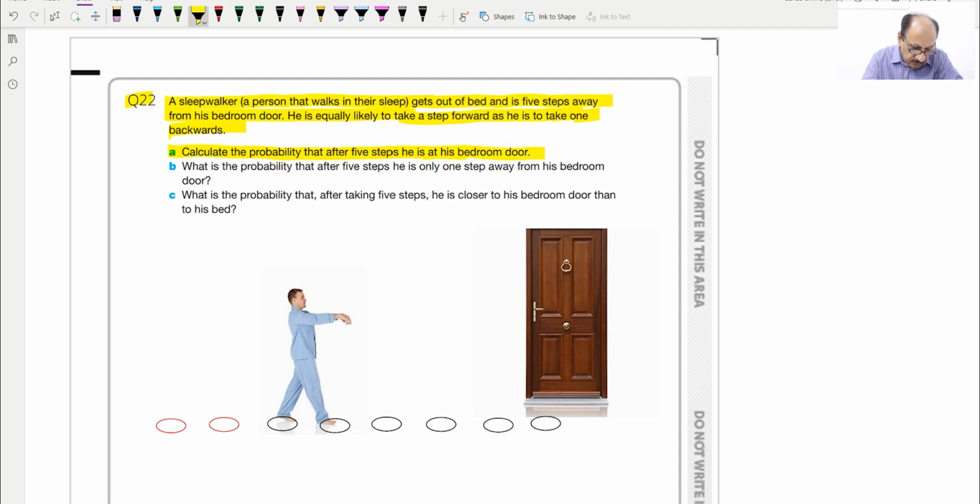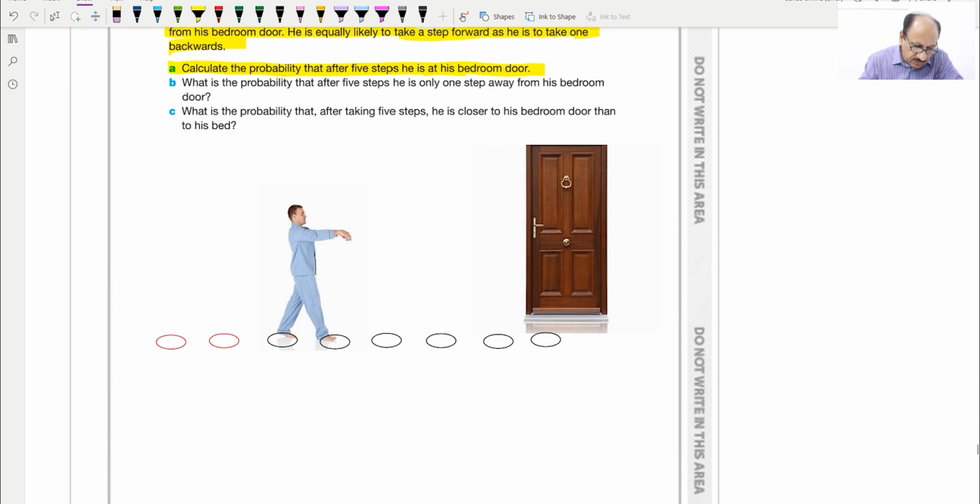I have sketched this situation for your understanding. Now after 5 steps, if he is taking forward steps, 1 step will be this one, the second step will be this one, the third step will be this, the 4th, and the 5th step will be this one.